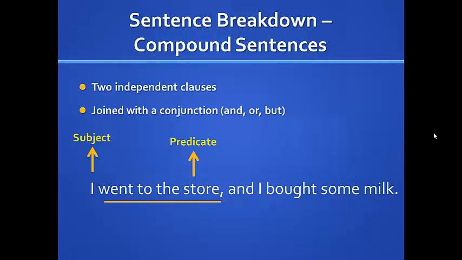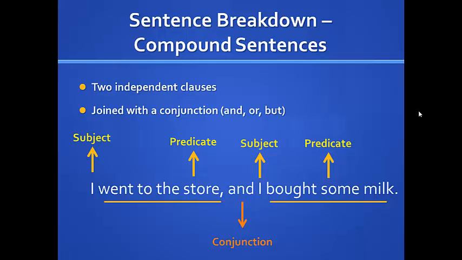That is an independent clause, has both a subject and a predicate, and can stand by itself. We also have the subject I, with the predicate bought some milk. That too is an independent clause, has a subject, has a predicate, and can stand by itself. But what makes this a compound sentence is that it has the conjunction and, connecting the two complete sentences together.